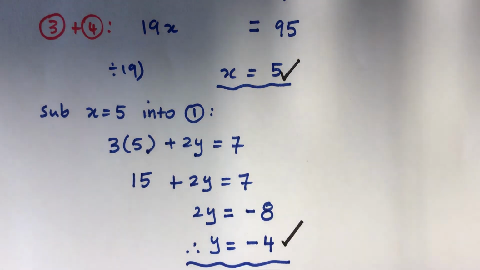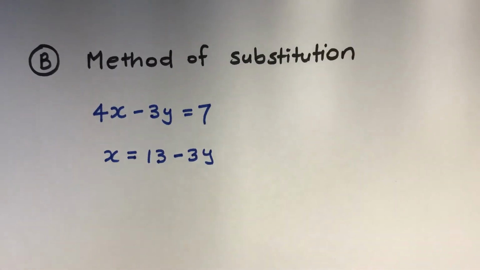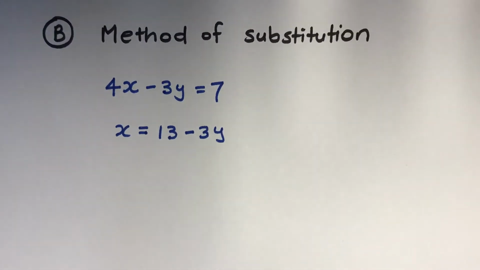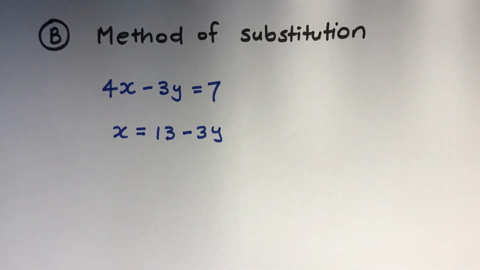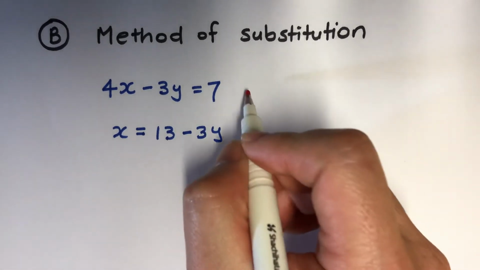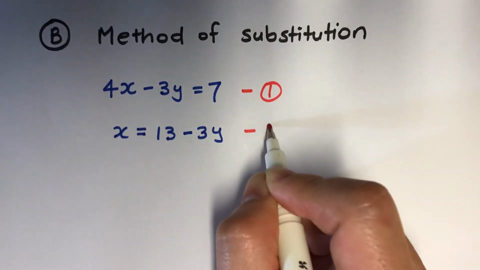Okay, so that's not too bad. Now, there's another method we need to use. It's called the method of substitution. Substitution is actually more popular at times than elimination. The first thing we did was number them.